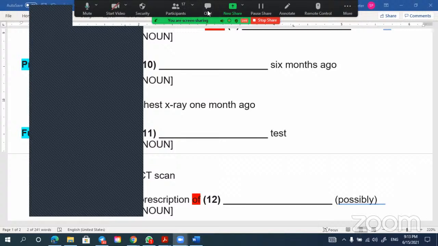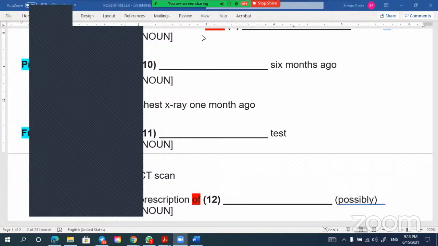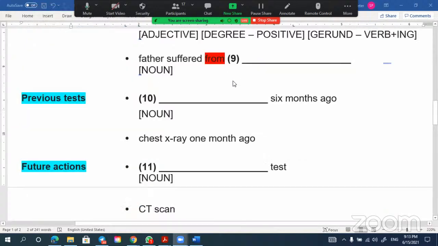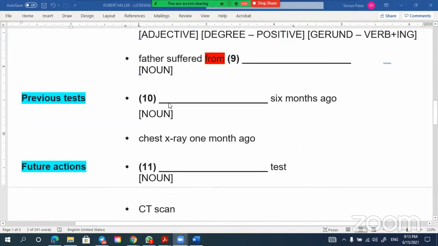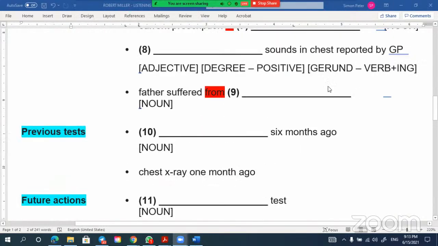So he's asking not about diagnosis, he's asking what tests you have taken previously. Last year diagnosed with hypertension. Father suffered from something, but the previous tests he has taken are not related to the father.